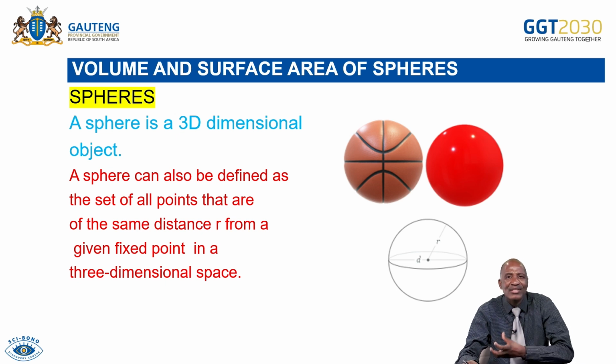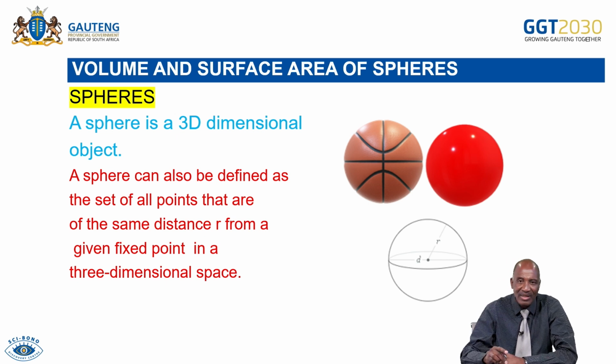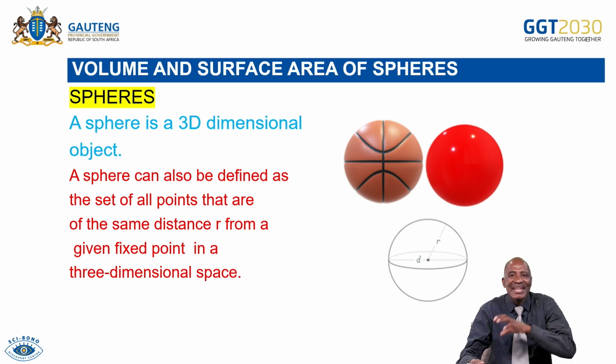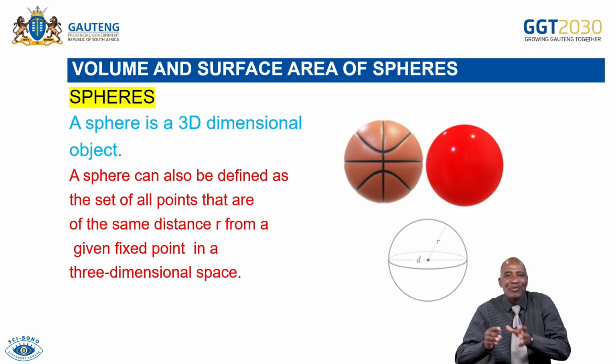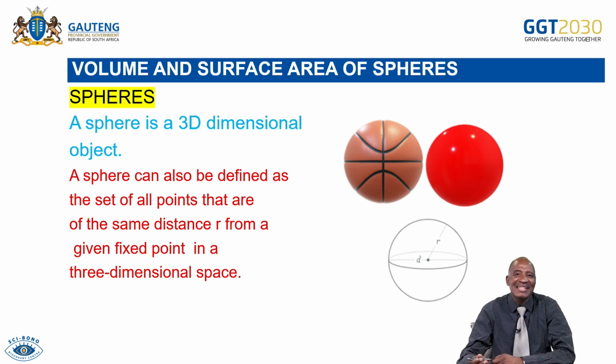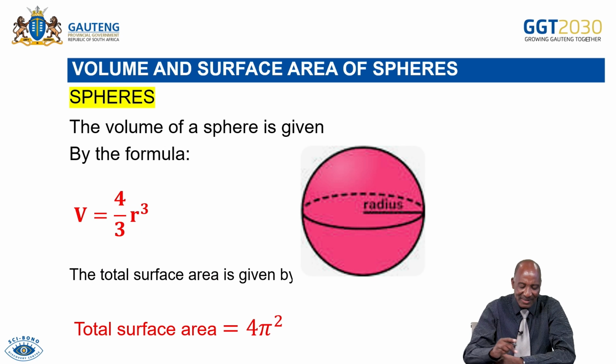They are ball-like: soccer ball, netball ball, volleyball ball. All those are spherical in shape, and all of them are defined by their center. The distance from the center to any point in three-dimensional space will define a sphere. It's round, it's more of circles, but in three-dimensional space.